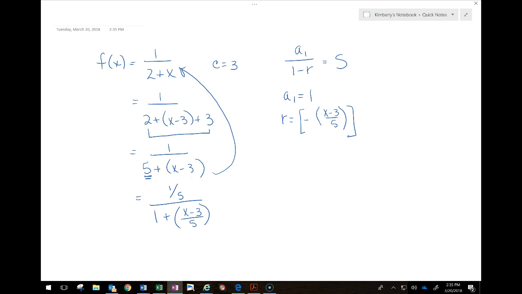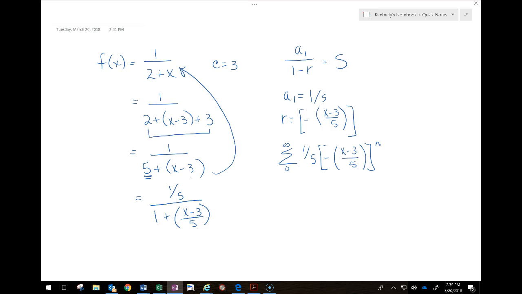So when I want to write my power series from 0 to infinity, I have a1, which is not 1, it's 1/5, times negative the quantity x minus 3 over 5 raised to the n. And we want to make sure that that negative gets the n also, so our series will alternate.